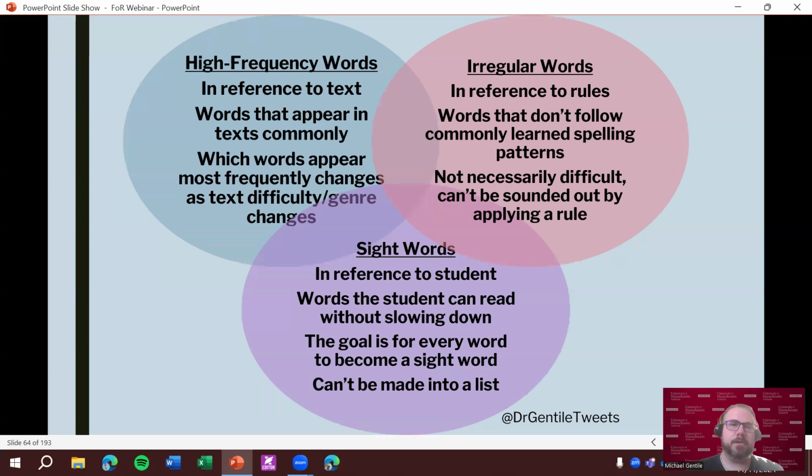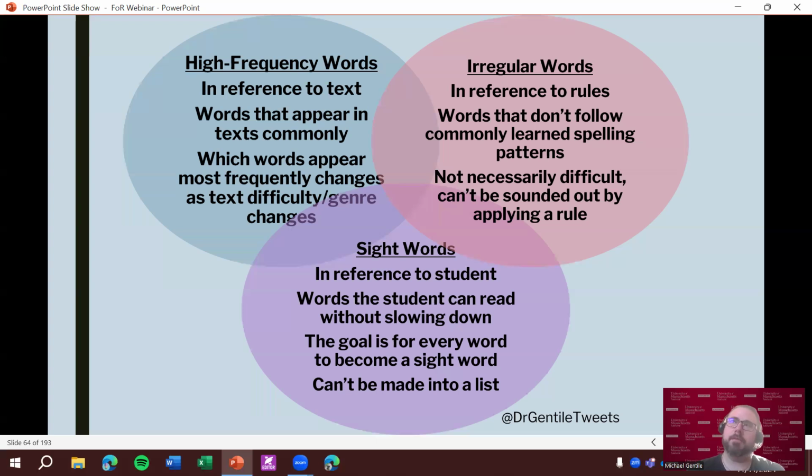Now, what you should understand is that this can change over time. Certain words are going to be high frequency words in the kinds of texts that students are accessing in kindergarten, such as the word play, that are going to become less and less common as the students get older, in which case other words are going to become more common.